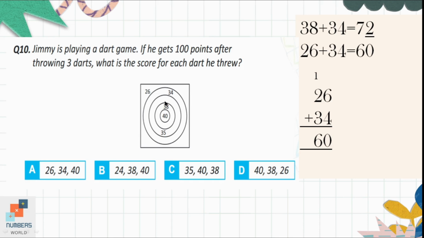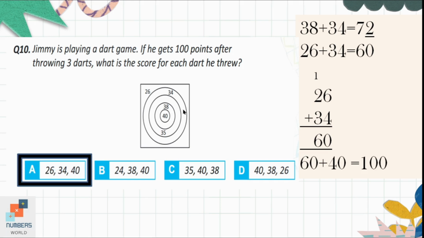So now 26 and 34 are already written. So out of 38, 40 and 35, 40 is the number which has 0 at the units place. So 60 plus 40 is equal to 100. So yes, option A is the correct one. The 3 darts are for 26, 34 and 40, which will make 100 points.